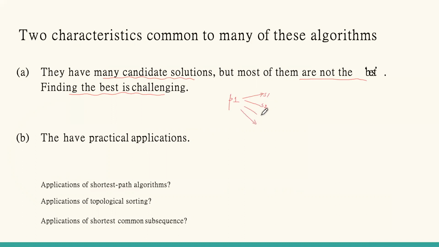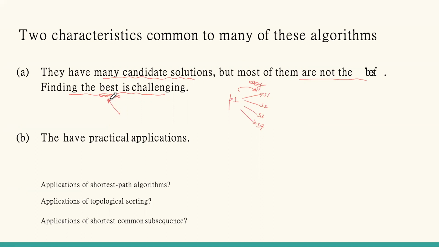Let's say solution 1, solution 2, solution 3, solution 4. So finding a solution is not difficult, it's easy. The tricky part is finding the best solution. So that's what algorithms are sometimes designed to handle. So this is one common characteristic of algorithms, where we do not necessarily worry about finding a solution, but we worry about finding the best solution, right, or the optimal solution.